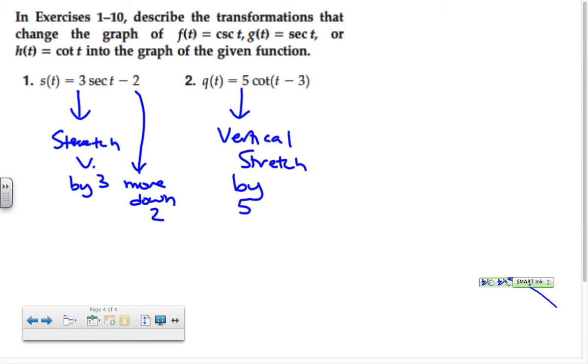And this inside the parentheses tells us which direction we're going to move right and left. Since it is a minus, we're going to move right 3 units. So everything is going to be moved right 3 units. And that's all I expect you to have to say to me. Again, I don't expect you to graph these. I do expect you to recognize them, but these are complex graphs. So that's it for today.